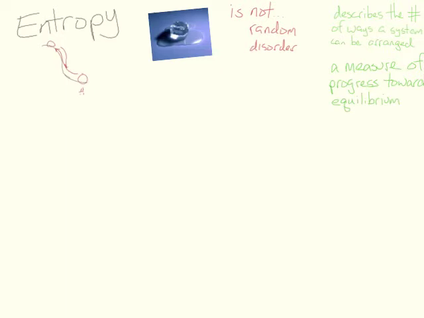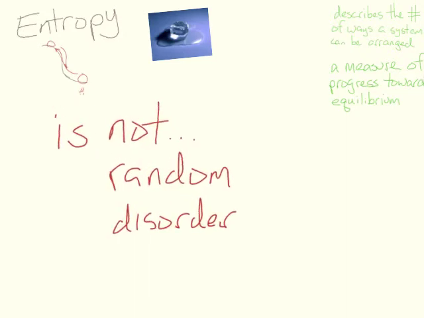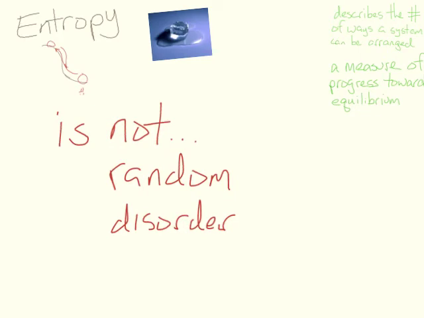Now, as we describe what entropy eventually is, I want to start by talking about what entropy is not. You're going to hear some words that get associated with entropy. For example, you're going to hear the word random or randomness, or perhaps even disorder. I'm not a big fan of these words being used for entropy. If something is random, then you truly cannot predict what's going to happen.